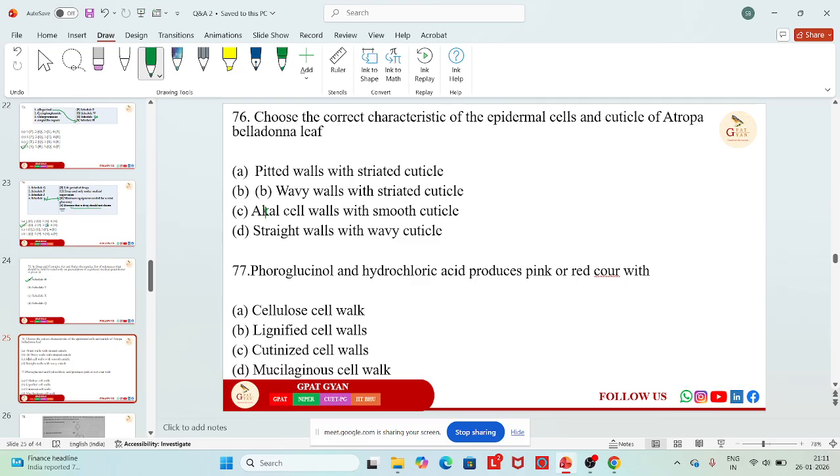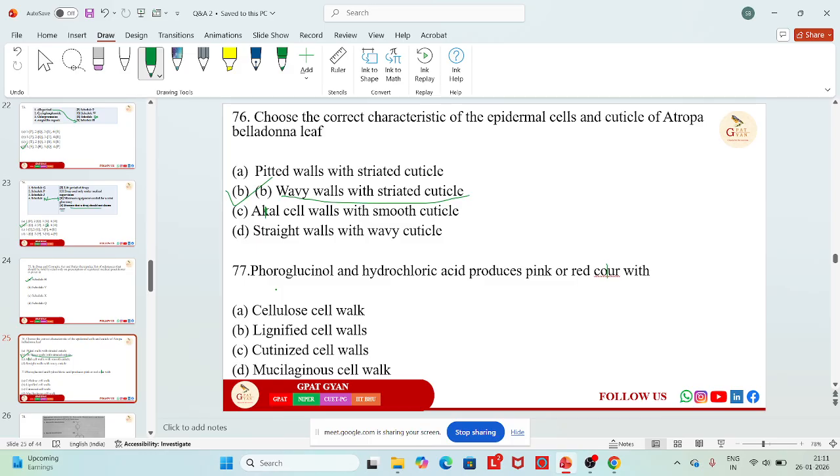What is going to be the correct option? It will be option B. This will be the correct option, okay? Wavy walls with striated cuticle. This is the epidermal cell for the Atropa belladonna leaf character. Wavy walls with striated cuticle.